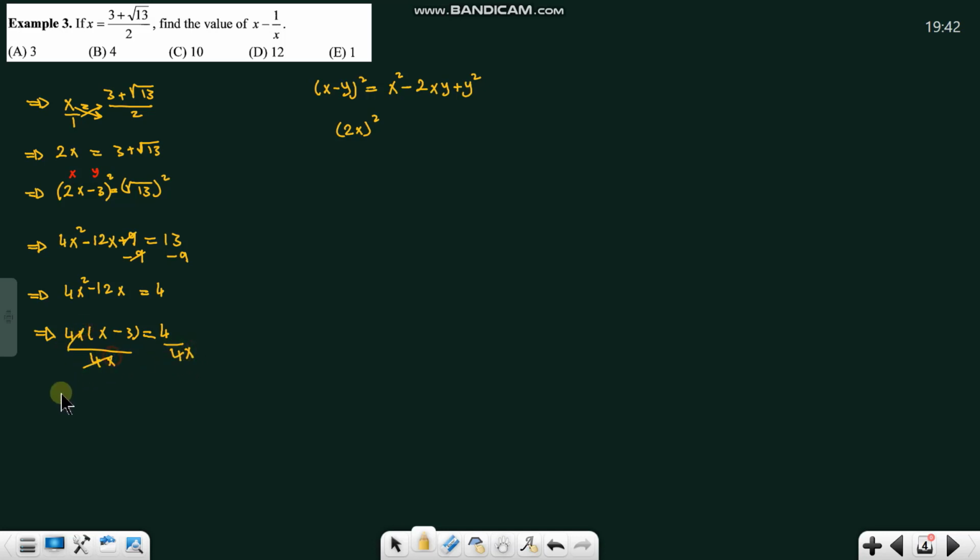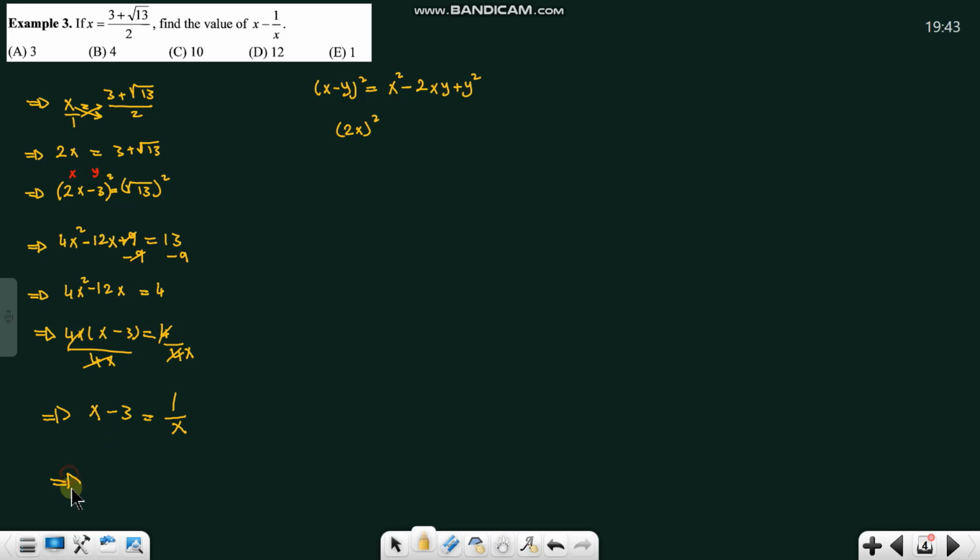This 4x and this 4x are going to cancel each other, so it will be only x minus 3. And 4 and 4 cancel each other, so it will be only 1 over x. Only 1 over x.